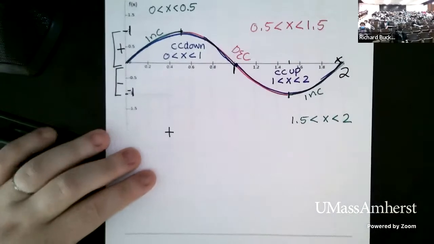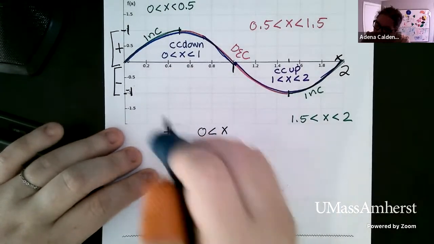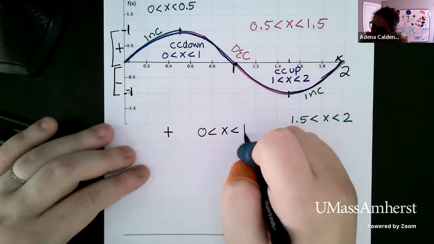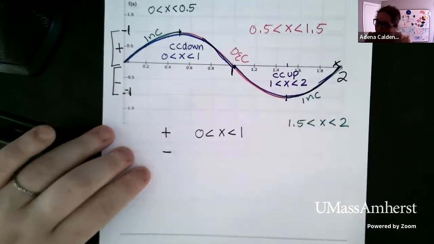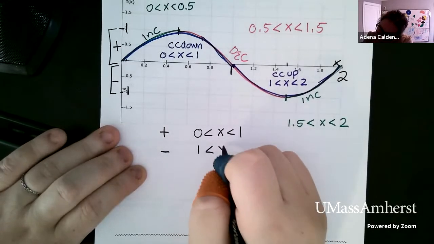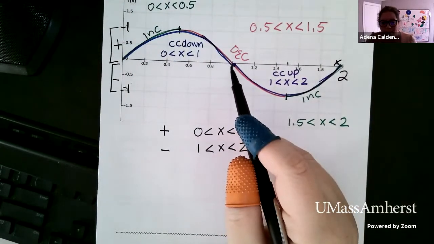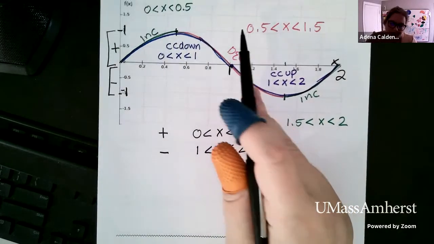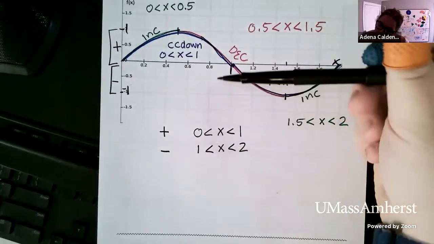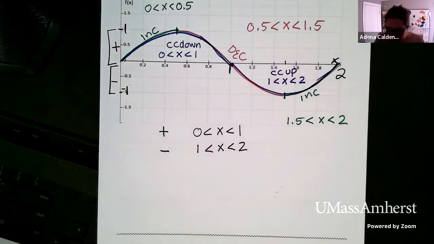So the positive part of the graph happens for x between 0 and 1. And the negative portion of the graph happens for x between 1 and 2. And again, we're not including the 1 because at 1 it's 0, and 0 is not considered positive or negative. But positive or negative has to do with whether the graph is above or below the x-axis.